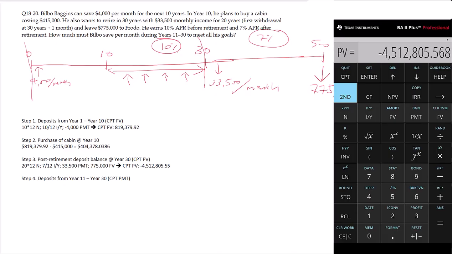Okay. Now, let's move back to the middle stage, which is from year 10 to year 30. So how much do you still need to deposit from year 11 to 30 to be able to meet that goal? Okay, so what's going to be your monthly deposit for the middle period?